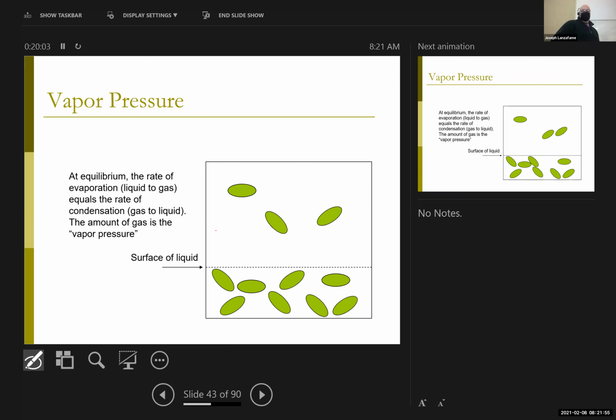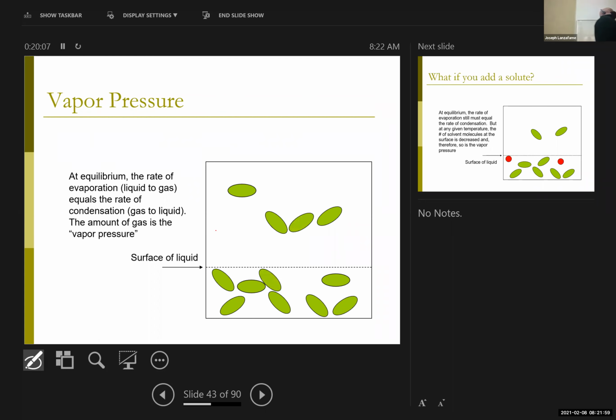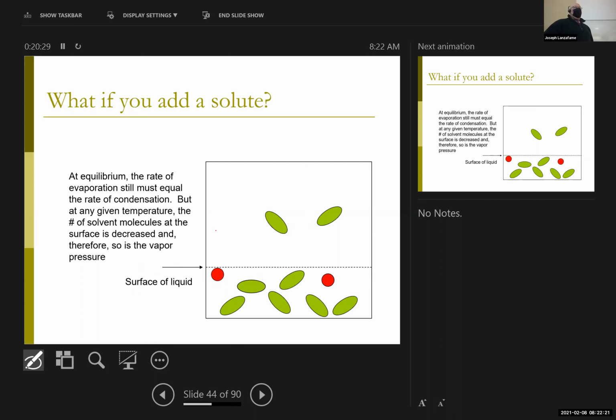This is actually a dynamic process, where I evaporate, I bump into something that cools me down, I recondense, but while I'm doing that, something else bumped into something, got enough energy and escaped. And that does require me to leave the liquid phase and enter the gas phase.